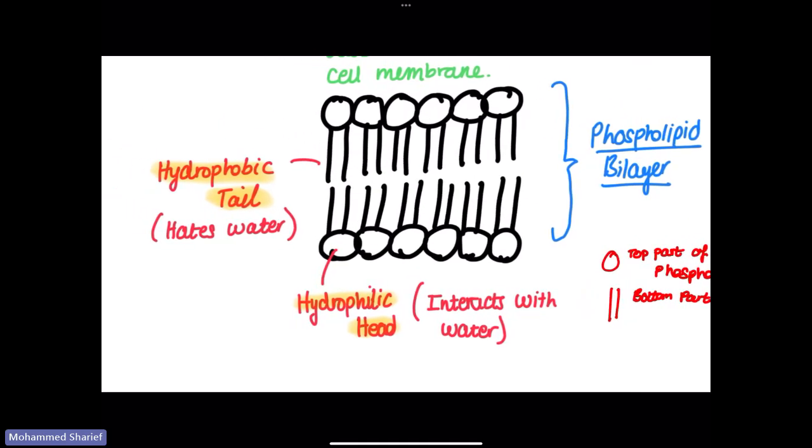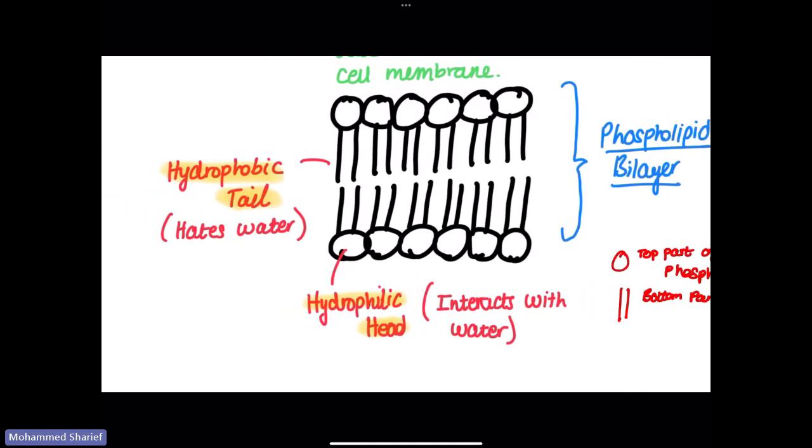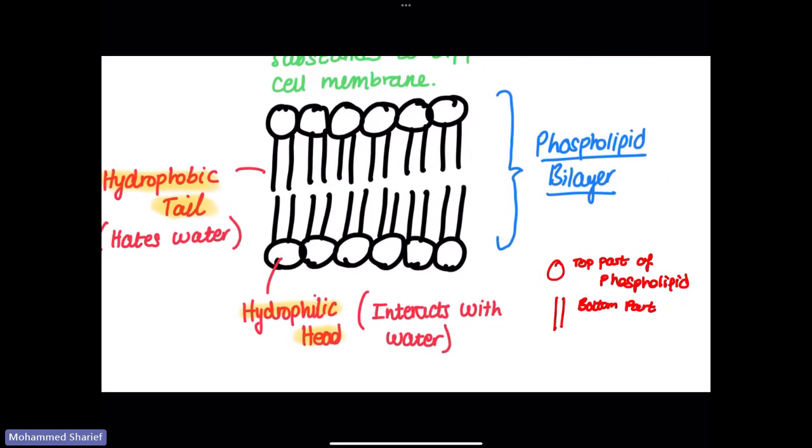Now, as you can see over here, they line up, so they form this sort of bilayer membrane structure. So as you can see over here, this is the phospholipid bilayer.